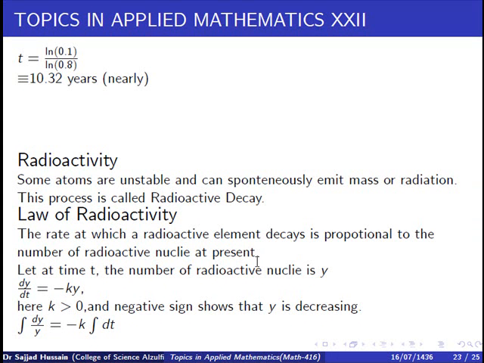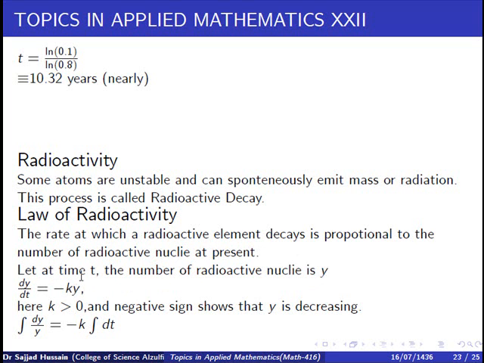In mathematical form, let at time t the number of radioactive nuclei be y. The rate of change of the radioactive element is dy over dt, and it is proportional to the radioactive nuclei at present, that is y.